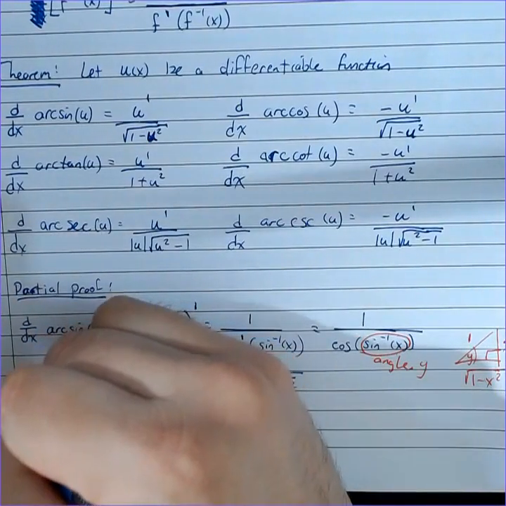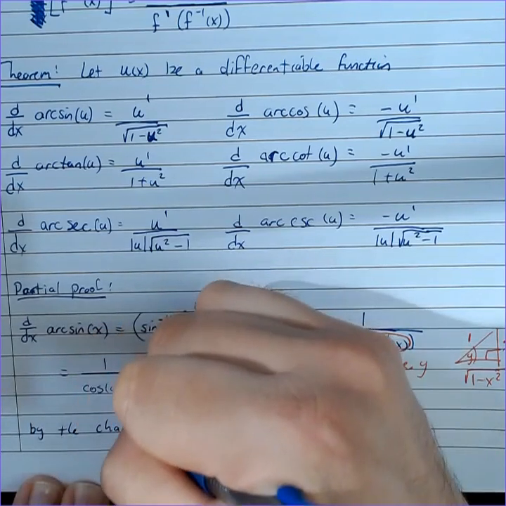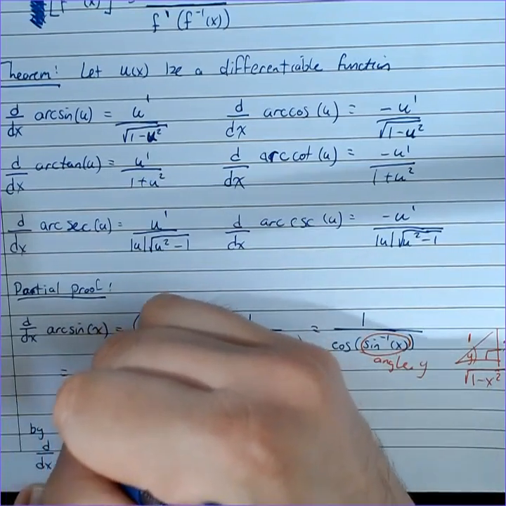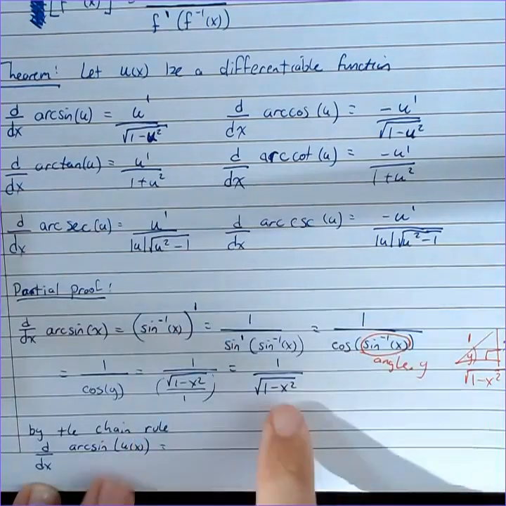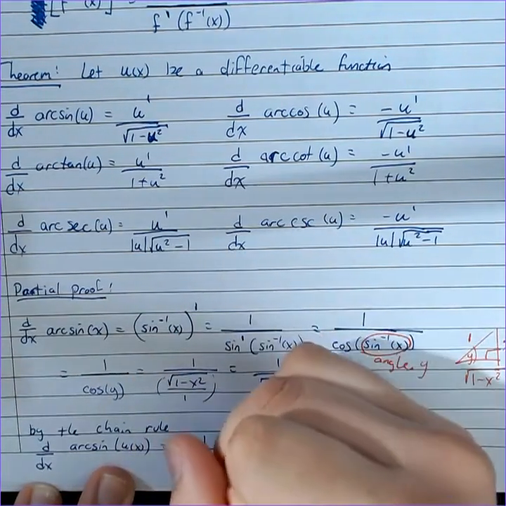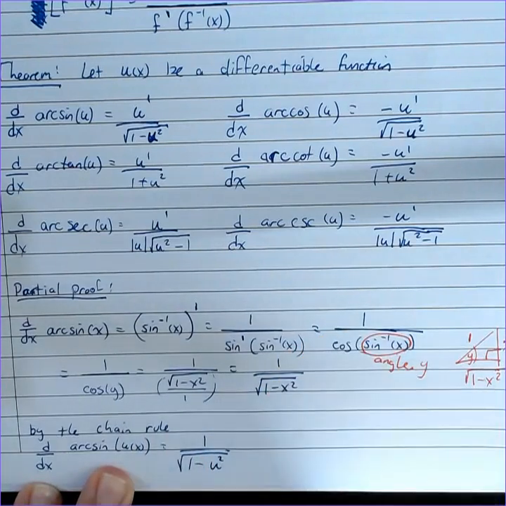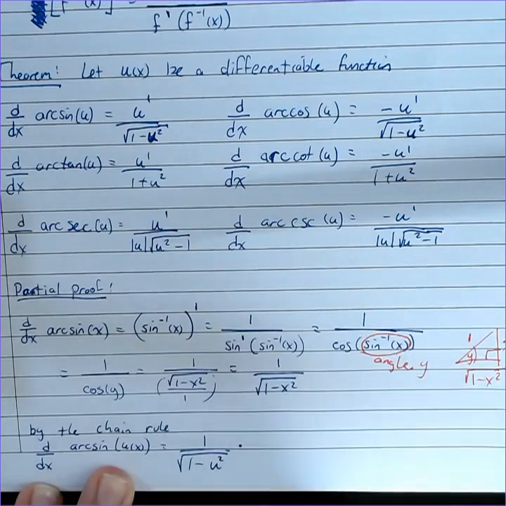So now, by the chain rule, that means that the derivative with respect to x of the arc sine of a function of x is going to equal 1 over the square root of 1 minus that function squared. But again, because of the chain rule, we now have to multiply that by the derivative of that function.